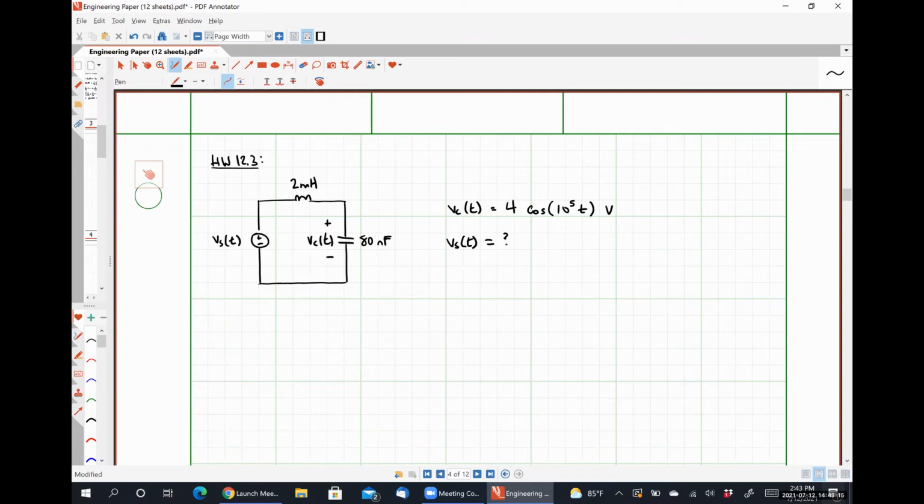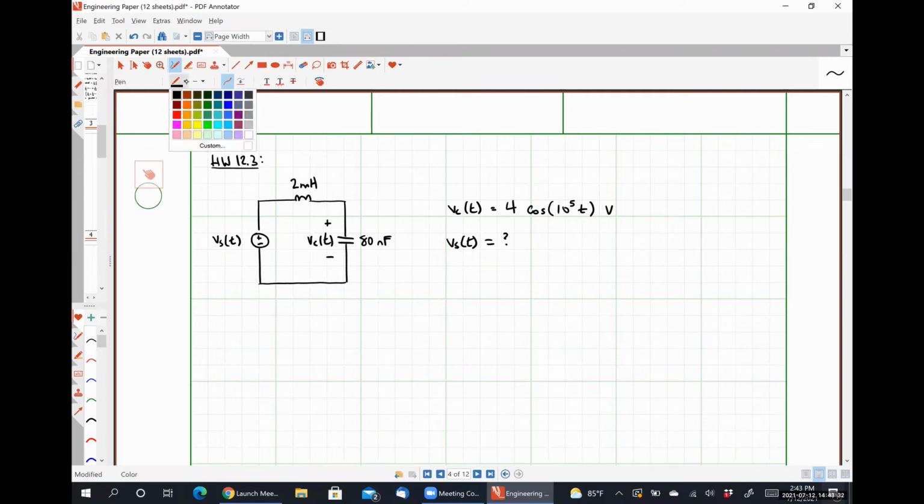Apply KVL. Kirchhoff's voltage law, absolutely right, okay? Our simple relationships, KCL, KVL, not Ohm's law because we don't have resistors technically, but KCL and KVL are absolutely the right way to approach this guy, okay?